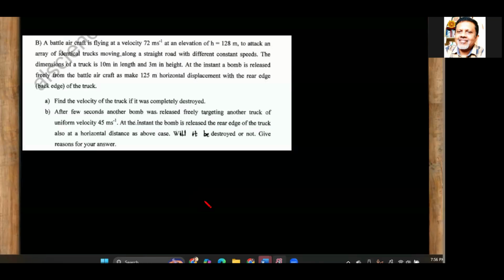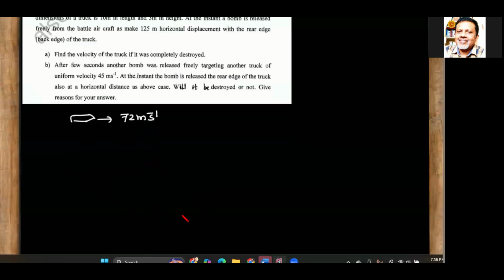Again, a battle aircraft is flying at a velocity of 72 meters per second at an elevation of 128 meters. So it is something like this, right? Aircraft is moving with 72 meters per second, right? And the ground level is just 128 meters below.